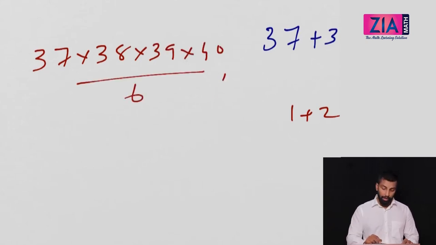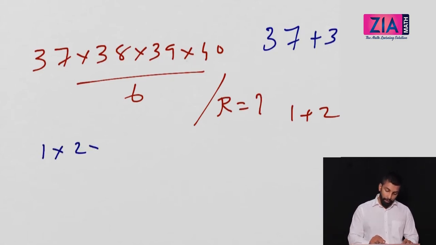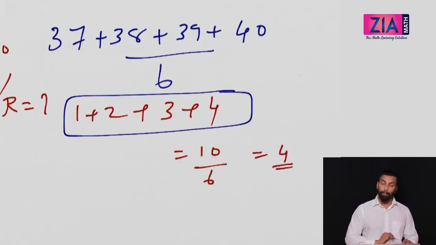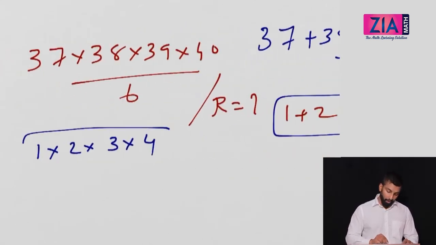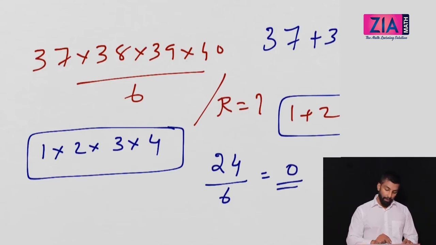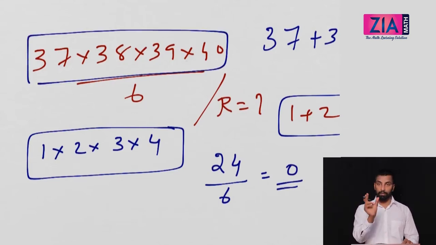You need to find the remainder. What will you do? You will write it as 1 into 2 into 3 into 4. Here you are taking the sum of individual remainders, and there you take the product of individual remainders. So 2 into 3, 6, 6 into 4, 24. 24 is greater than the divisor, so you divide further by 6, you get 0. That means when you multiply these 4 numbers and divide by 6, you are going to get 0 remainder.